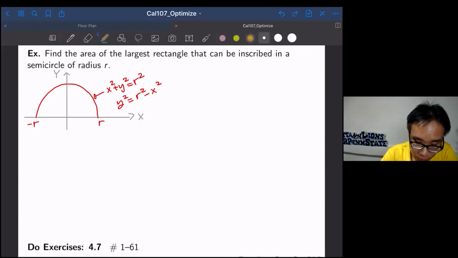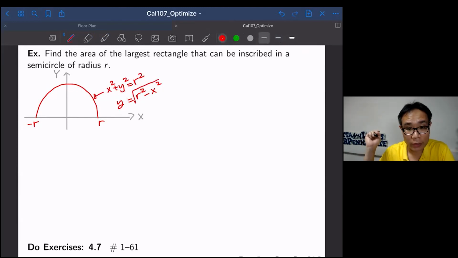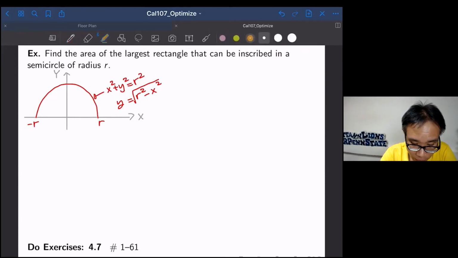So you're going to get y equal to the square root of r squared minus x squared, and we have only the positive one because you have it above the x-axis.